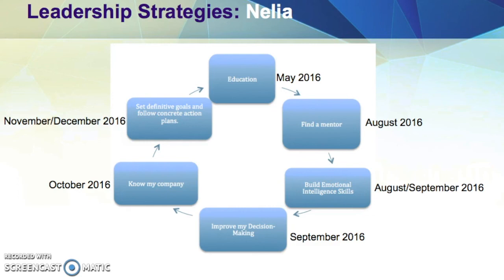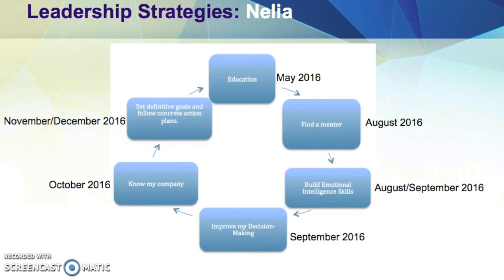After that, I would love to continue building my emotional intelligence skills, especially my self-awareness and self-regulation. Following that, I will improve my decision making, learning from my mistakes and developing strategies to keep going, making better decisions.